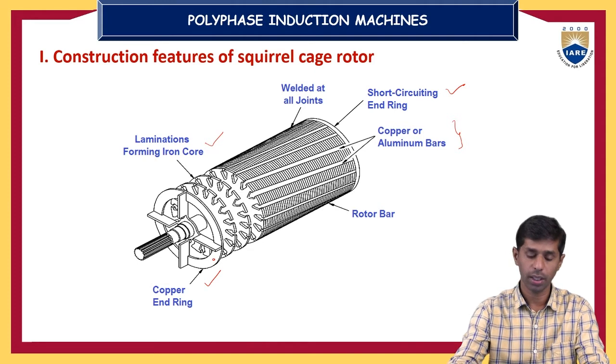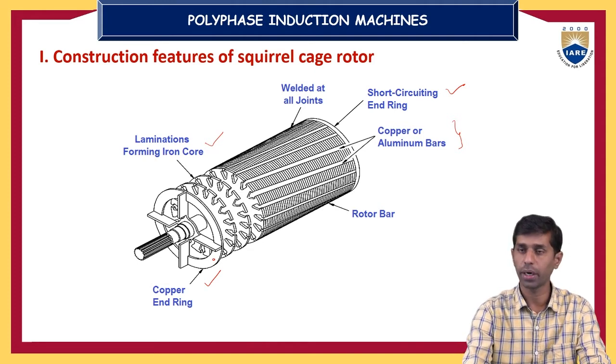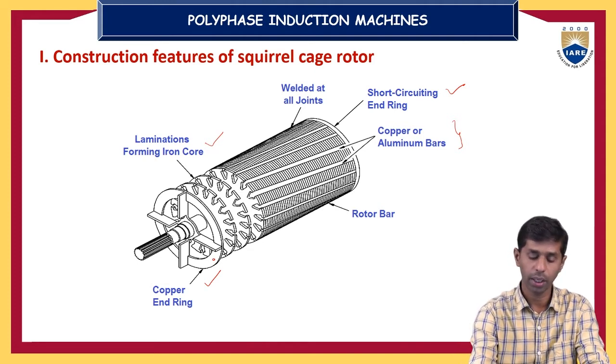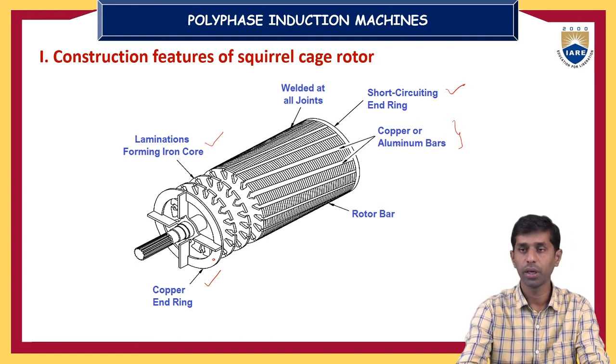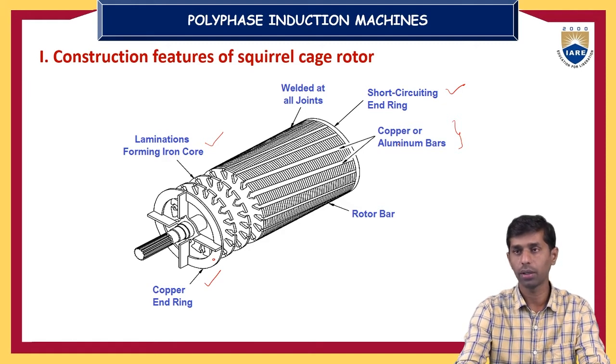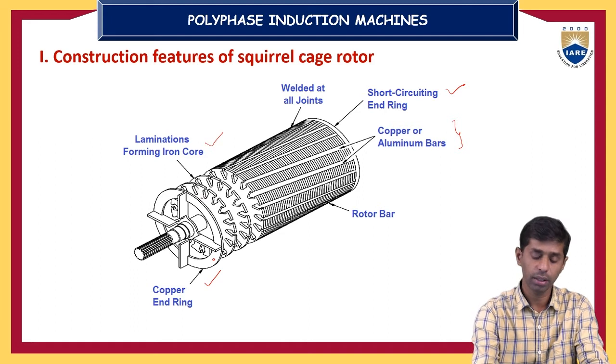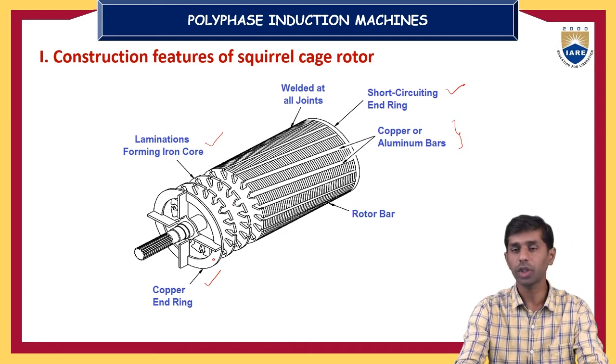The copper bars are inserted in semi-open type slots, and either side of these copper bars is short-circuited through end rings. These end rings should have good mechanical strength as well as good conductivity. These end rings make a closed circuit and pass the current from one copper bar to another copper bar.